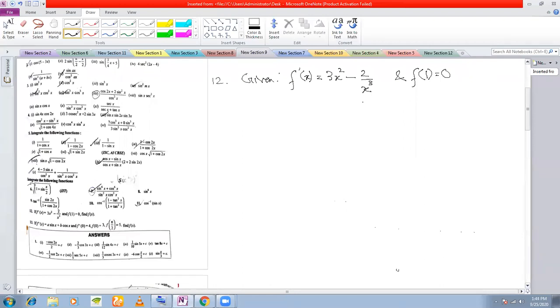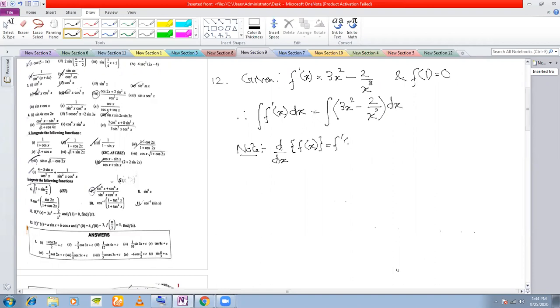That means if I integrate both sides, will I get fx? Therefore, if I integrate f dash x dx, since integration is just the reverse process of differentiation, what will I get? When I am differentiating fx, what do I get?